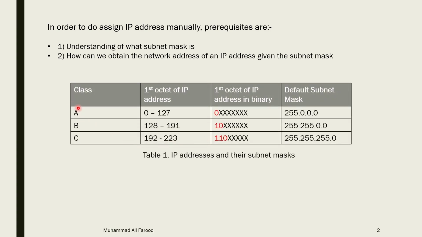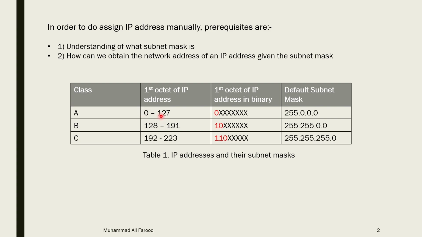IP addresses are majorly divided into three classes, namely class A, class B, and class C. If you see an IP address and you want to identify its class, you can look into the first octet of the IP address.